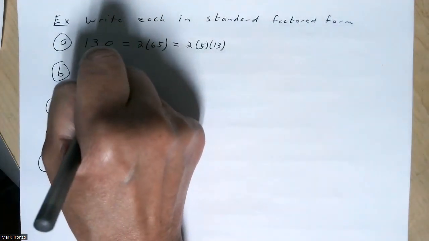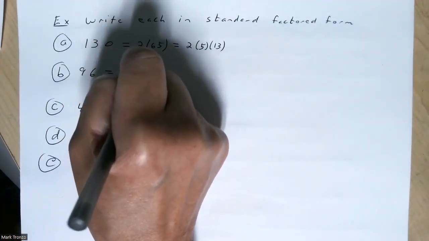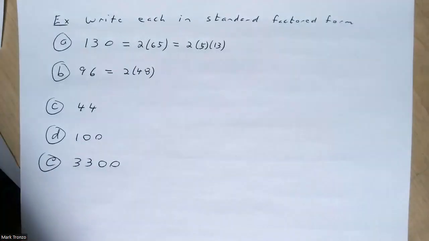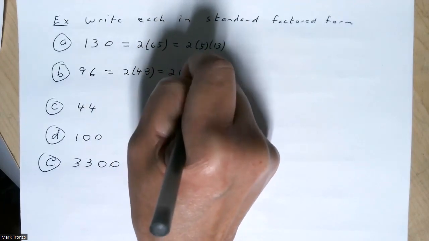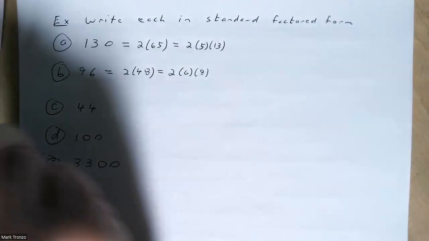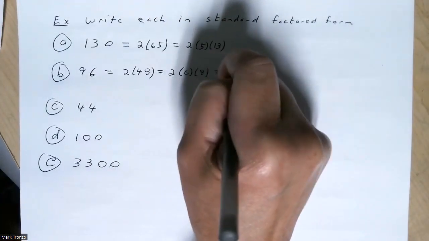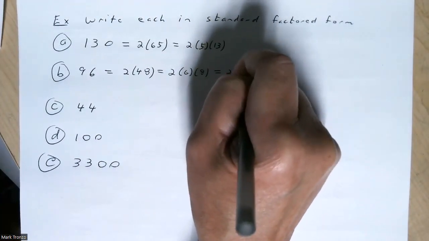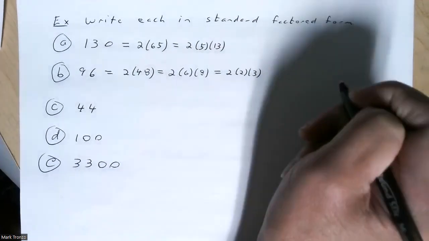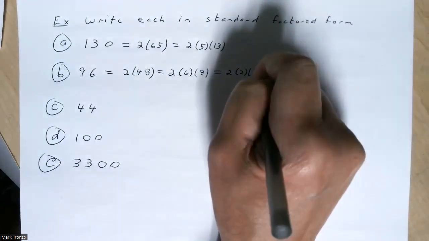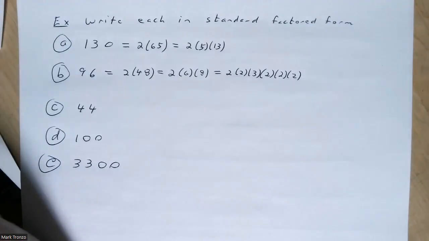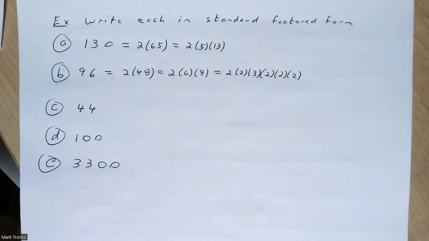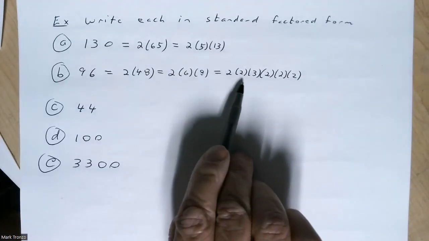So let's do the same thing over here. Just keep factoring it. And so 2 times 48, then 48 can be written as 6 times 8. And then 6 can be written as 2 times 3. And 8 can be written as 2 times 2 times 2. So I think we have only primes now, don't we?